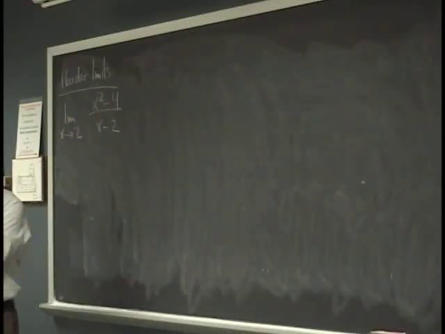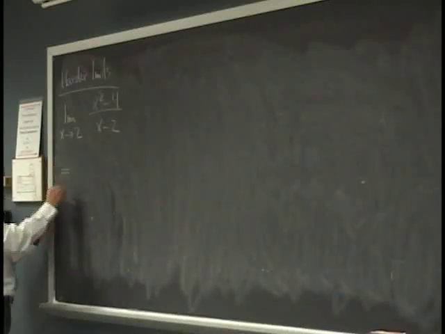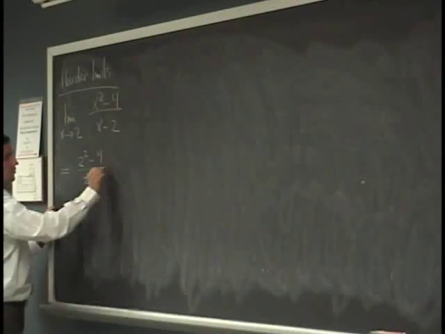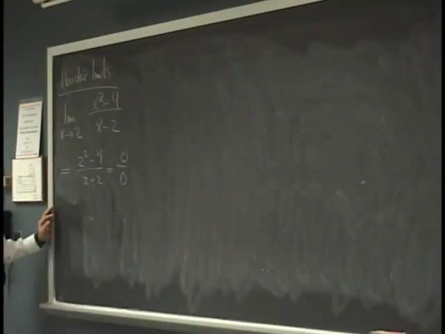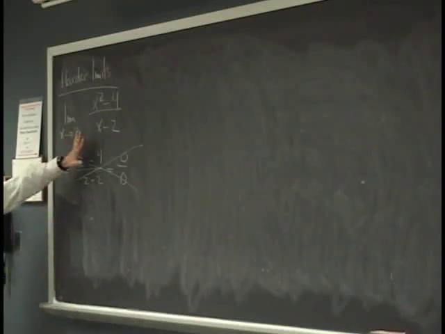And I guarantee that if I put this on a test today, somebody would write equals 2 squared minus 4 over 2 minus 2 equals 0 over 0. I guarantee somebody will do that. But this is not right. You can't just plug in the numbers unless you have a justification, like, oh, it's a continuous function. Okay? So what can you do?